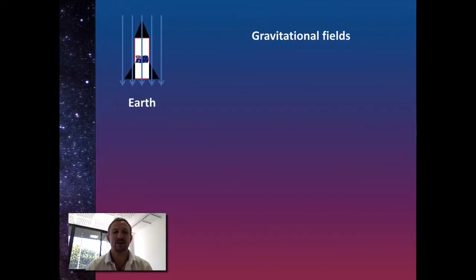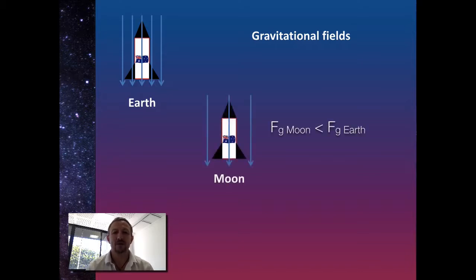Now, obviously, if we're going to look at space exploration, we need to know what those gravitational fields are like. Here's a representation of a rocket, and you can see that relative to Earth, we've got a certain number of field lines. In this case, we've got 5 field lines acting on that Australian rocket there. Now, if we went to the Moon, we'll see that the number of field lines is going to be a lot less. We've gone from 5 to 3.